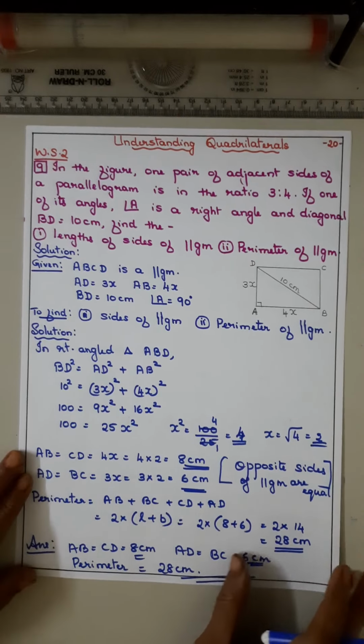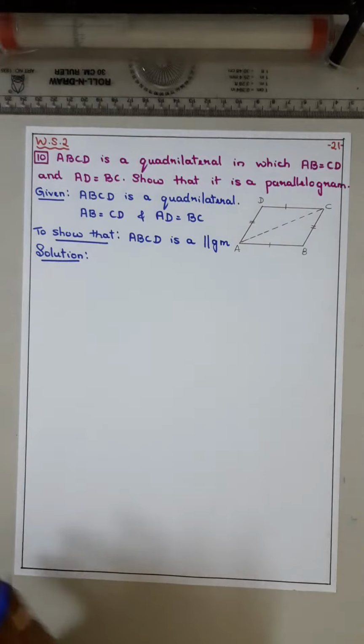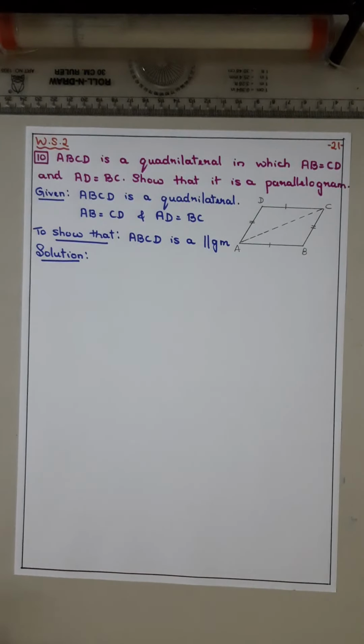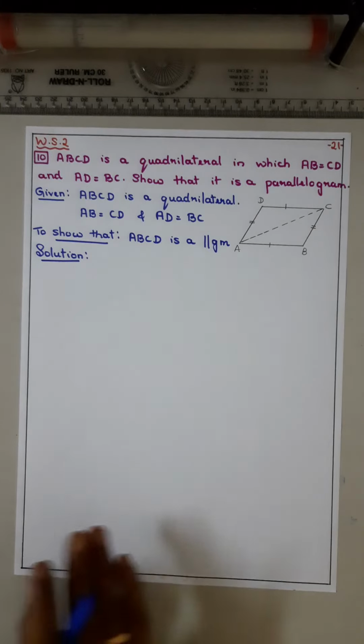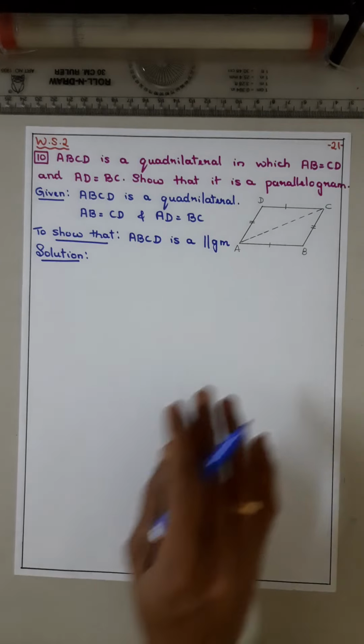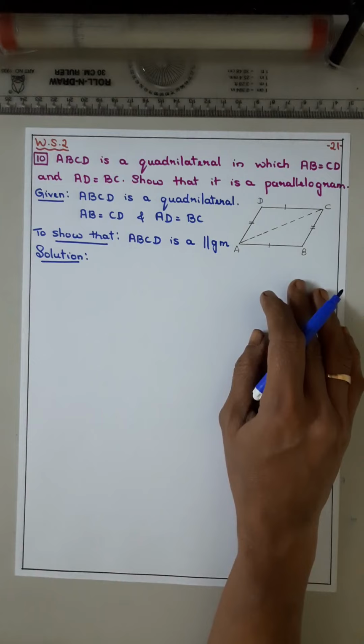Now coming to the last sum, that is question number 10. ABCD is a quadrilateral in which AB is equal to CD and AD is equal to BC. Show that it is a parallelogram. They have not given the figure.